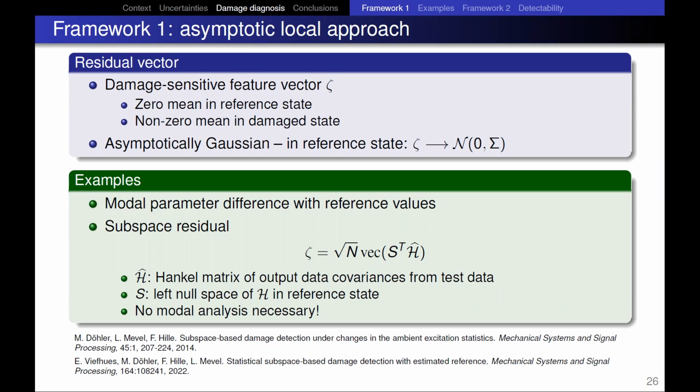So we can compute our anchored matrix H in the current state of the system and multiply it with its left null space that has been computed in the reference condition. If our system is in the reference state, this product is zero. When the dynamics of the system have changed, the product becomes non-zero. This also has the advantage that we don't need to do modal analysis in the current state, because we can just compute this product and compare the system dynamics. So these are examples of such a residual vector.